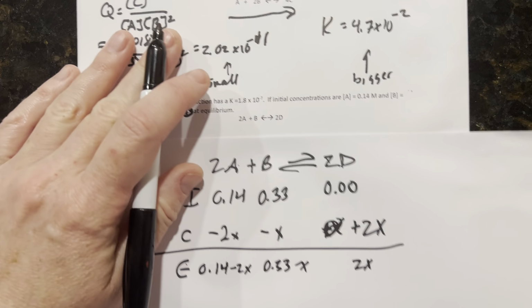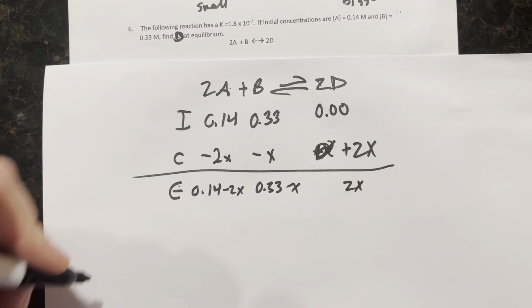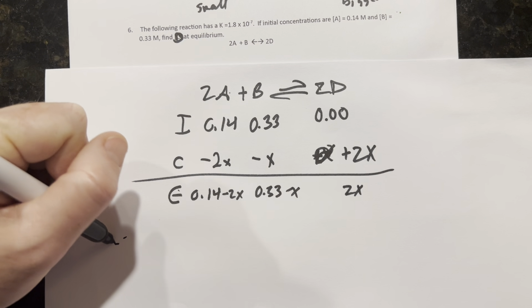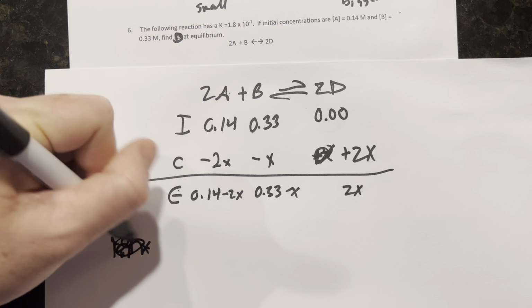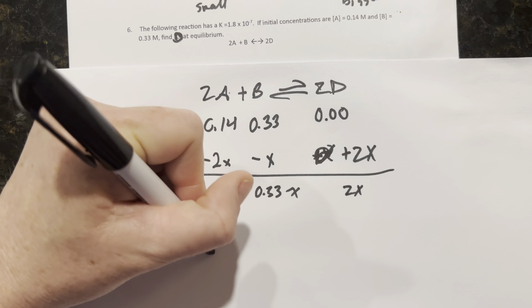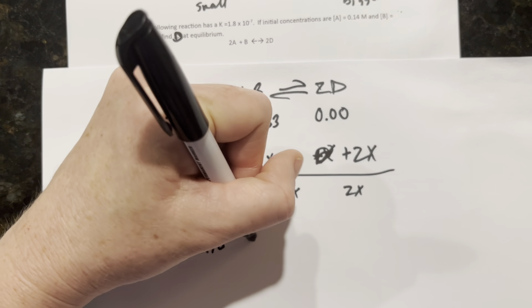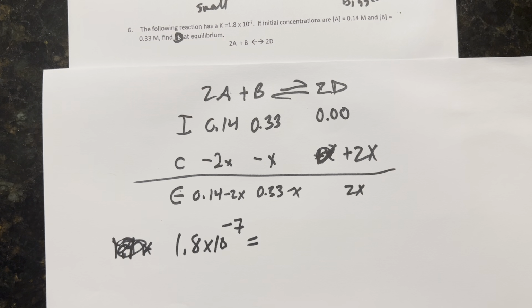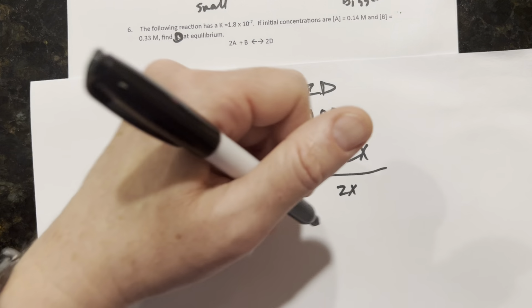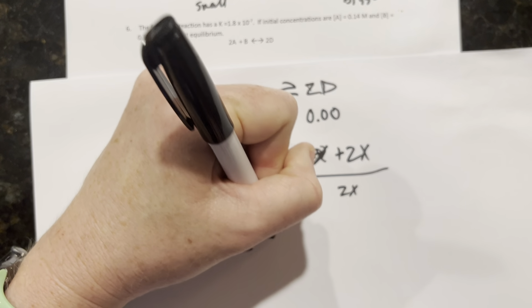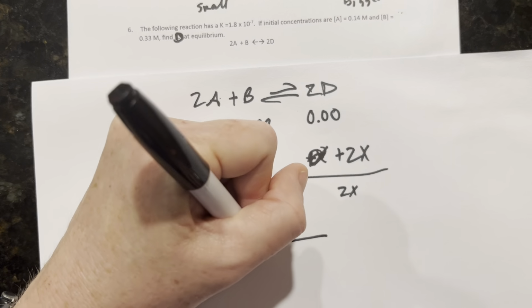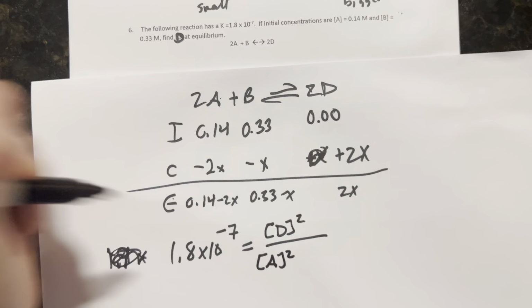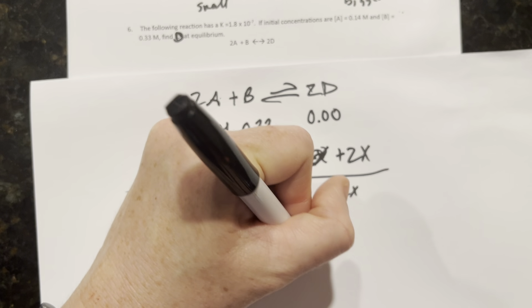We know that no matter what happens, we have to have this K as our products over reactants. So 1.8 times 10 to the negative 7 has to equal our products over reactants. Our product, by the way, is going to be this D squared over A squared times B. Right?